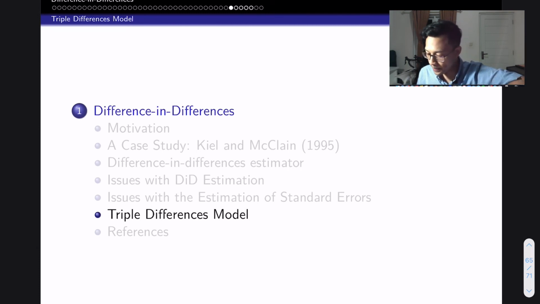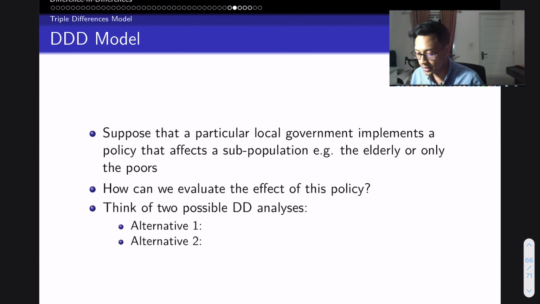Okay, so let's start with how we should think about policy evaluation and how we can take advantage of this triple D model. Suppose that a particular local government implements a policy that affects a subpopulation, for example, the elderly or only the poor.